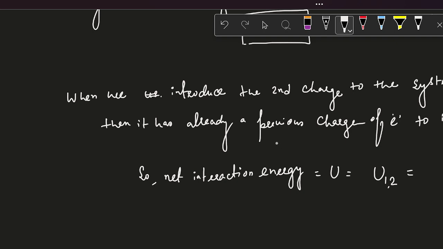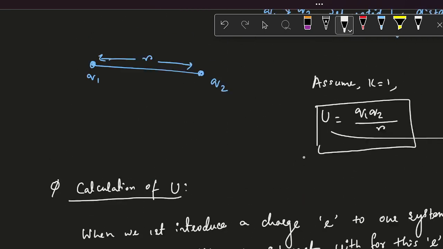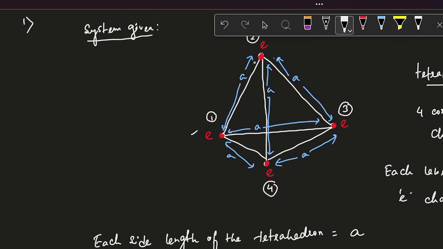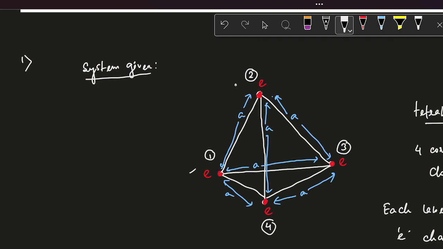So basically if you assume that you introduce your second charge and place it at the corner labeled as 2, then already you had a particle sitting at 1, right? So already you had introduced this particle, and now as if you are introducing this second charge E and placing it here, this charged particle already present will try to interact with the newly introduced particle, and so they will have an interaction energy between them.